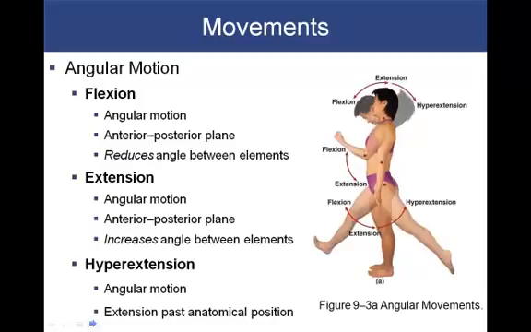Angular motions can be described to include flexion. In this angular motion, you have a reduction in the angle between the elements. Again, this wording is kind of awkward, but if you think about someone flexing their biceps, by bringing the forearm towards the head, you're reducing the angle between the forearm and the arm, and this is referred to as flexion.